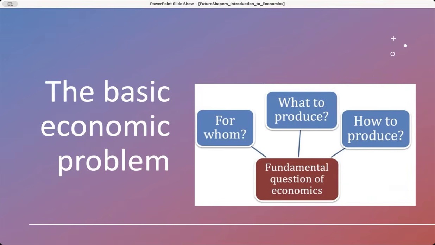Let's look at some everyday examples to further enhance our understanding of these problems in economics. Households, for example, have limited income and need to decide how to spend it.